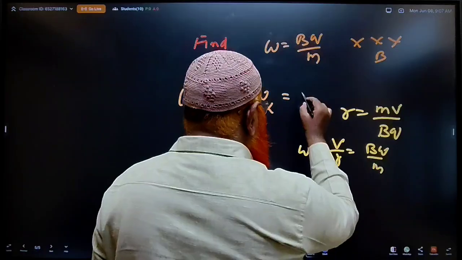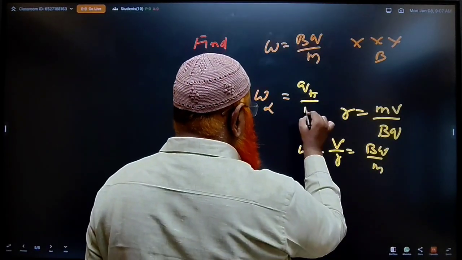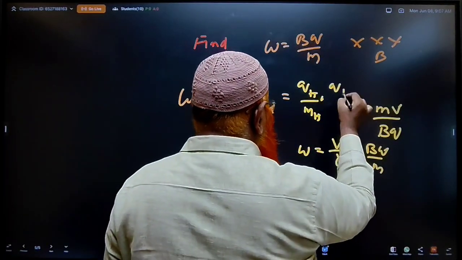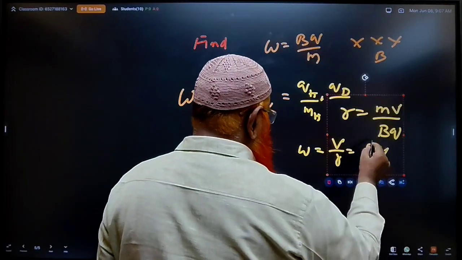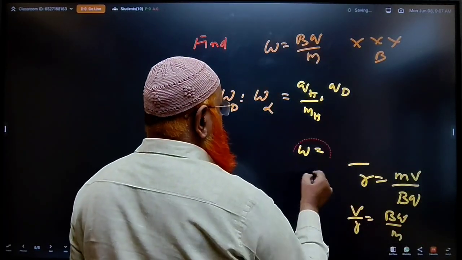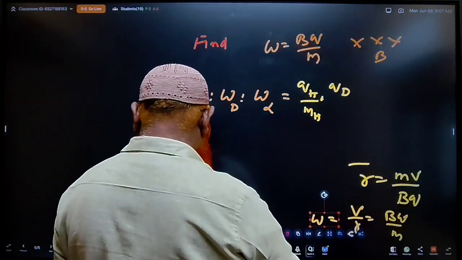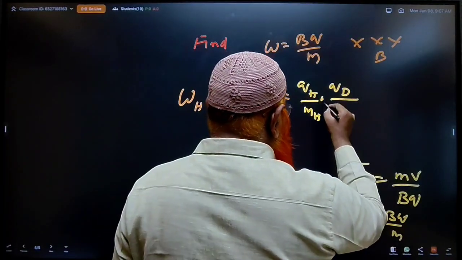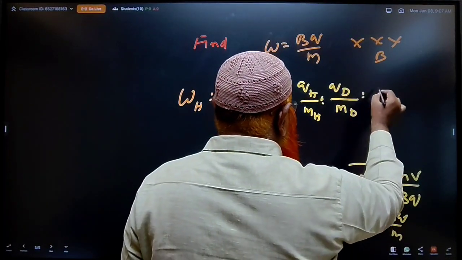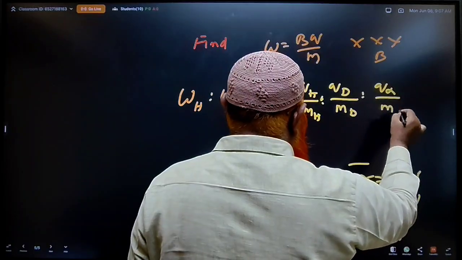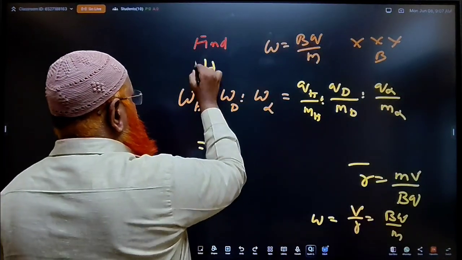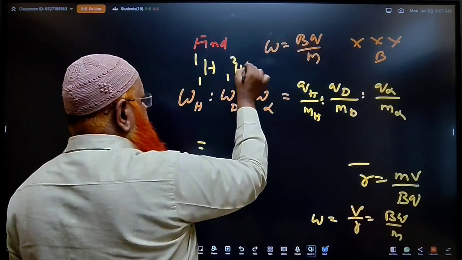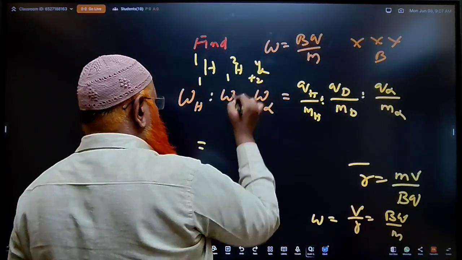So what are you going to write now? Charge of hydrogen by mass of hydrogen, charge of deuterium by mass of deuterium, charge of alpha by mass of alpha. Hydrogen is 1, 1, deuterium 1, 2, alpha particle plus 2 and 4.